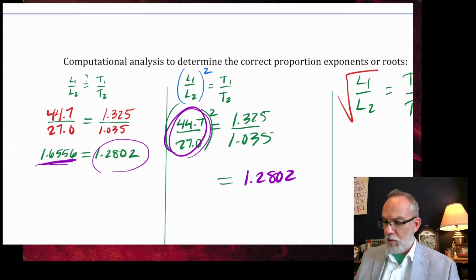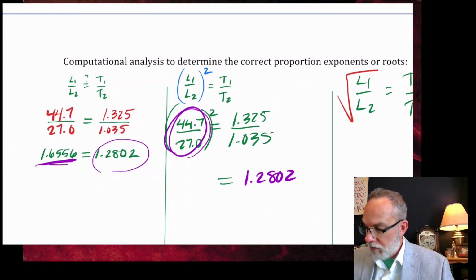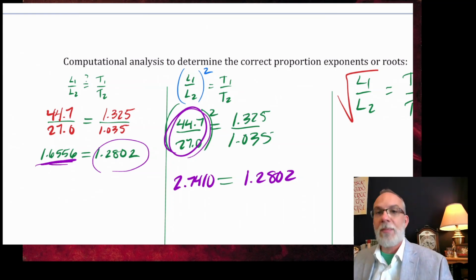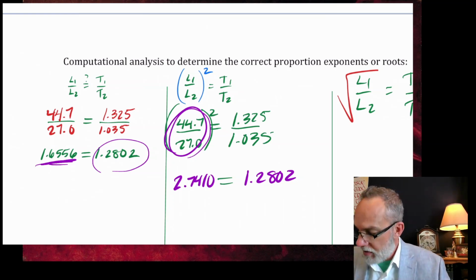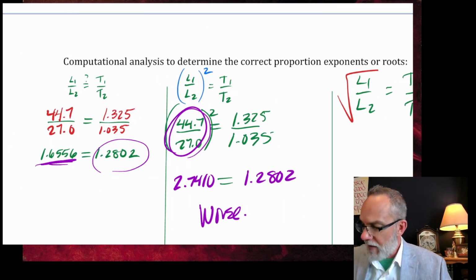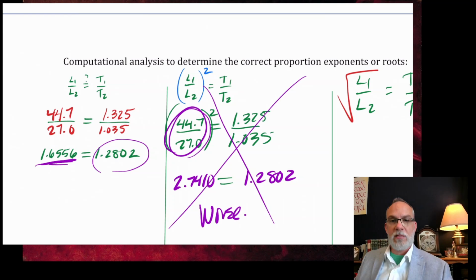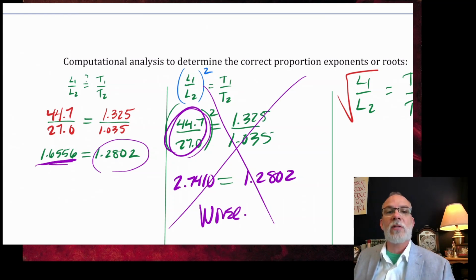So all I have to do is do 1.6556 and then square it. What do I get? I get 2.7410. Okay, so is this better or worse? This is obviously worse. If I've got to pick from the two of these models, I wouldn't pick the one on the right. It's not as close as the one on the left.